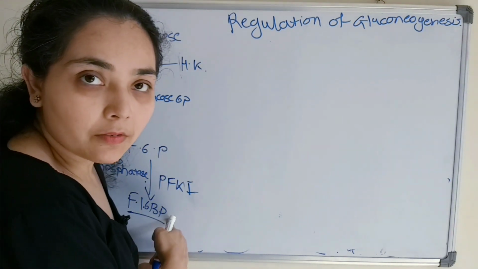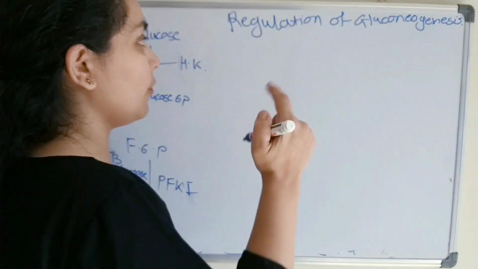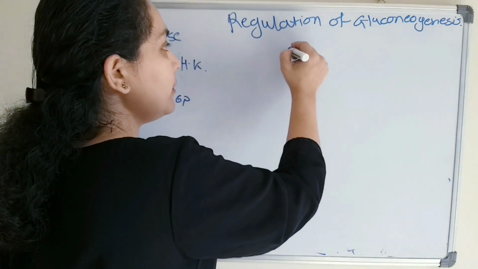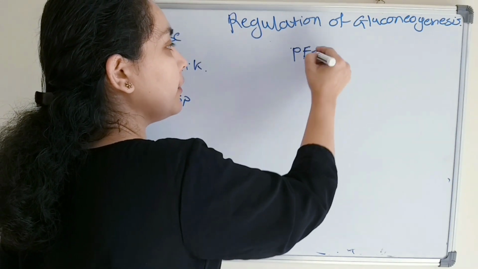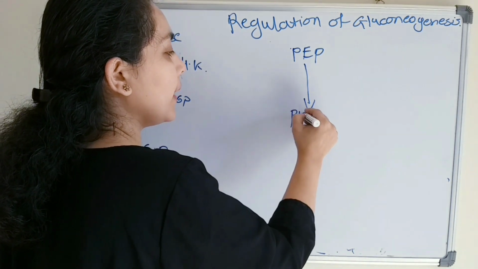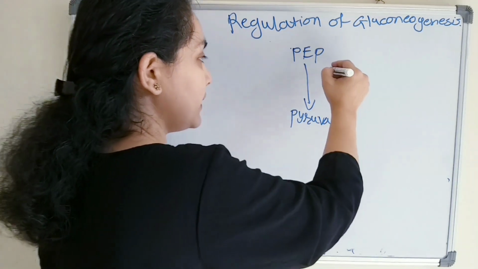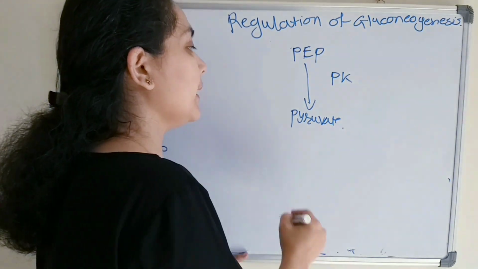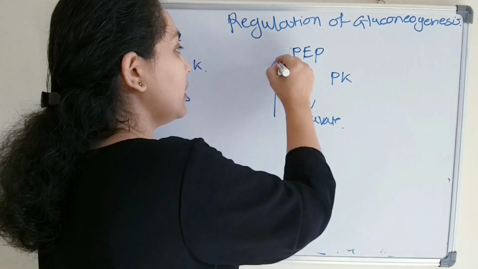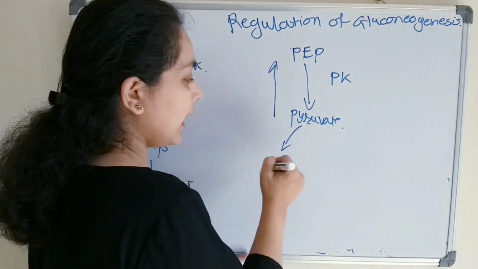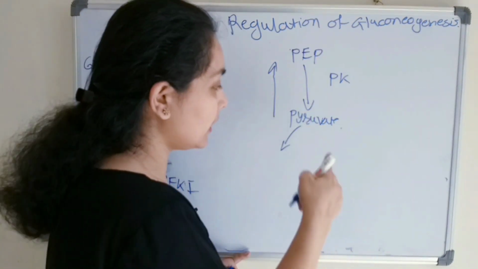This was the second irreversible step, and the third step was where phosphoenol pyruvate is converted to pyruvate in glycolysis. This is an irreversible step. The enzyme was pyruvate kinase, and how the reverse has happened, we had already discussed in the last class.